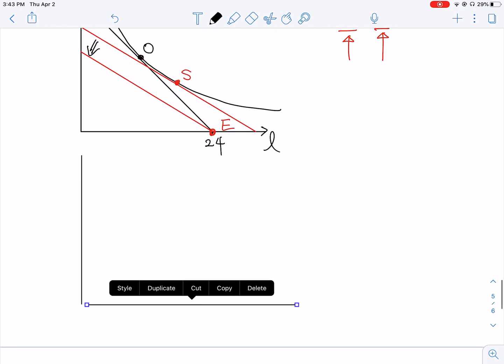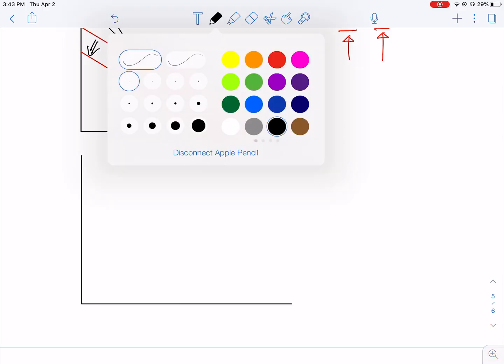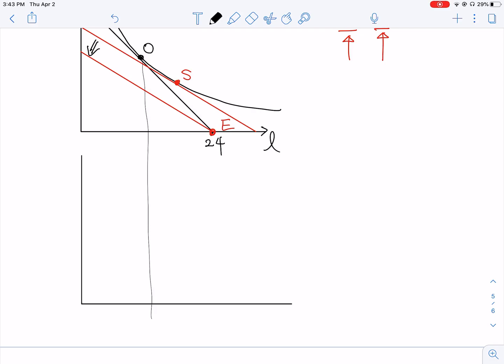Initially this was the demand, and now the substitution effect is looking at this line. If you are on the left-hand side of this point, leisure is a normal good, right?